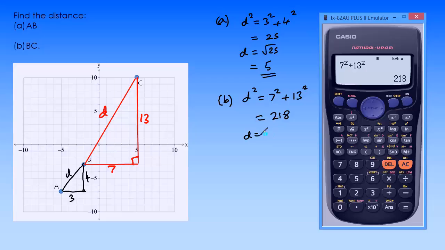And therefore D would be the square root of 218. So let's square root our last answer. 14.764 and so on. And if we give that to 2 decimal places, that will be 14.76 to 2 dp.